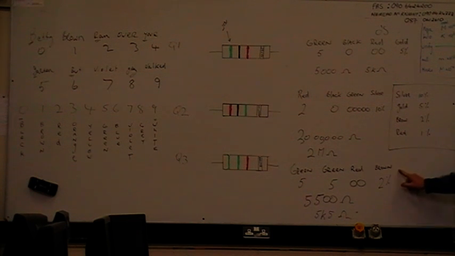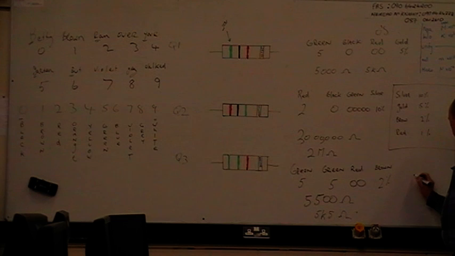We're also going to get 2% of 5,500, which is 5,500 divided by 100 multiplied by 2.